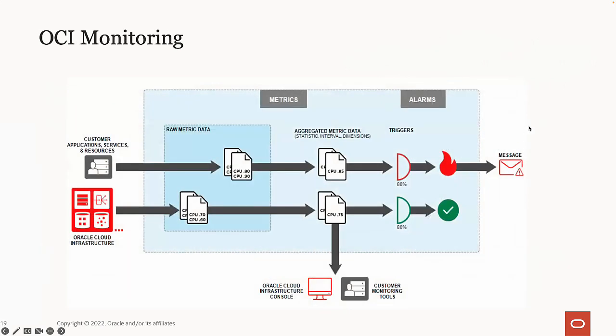So that first piece, right, we have OCI monitoring. So really, this is just giving you insight into what's happening for your different resources. So here you can see we have our different customer applications, services to run those applications and those resources associated with them. Same with OCI infrastructure resources. You're going to have that raw metric data that can then be aggregated and viewed within the OCI console or different monitoring tools that you have available to you.